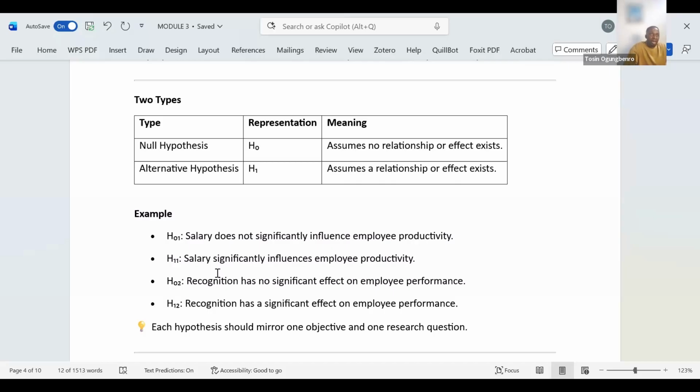Not all kinds of works have a hypothesis. If your work is qualitative, you don't need a hypothesis. It's only quantifiable works that can have a hypothesis. A hypothesis is a statement that has not been tested.